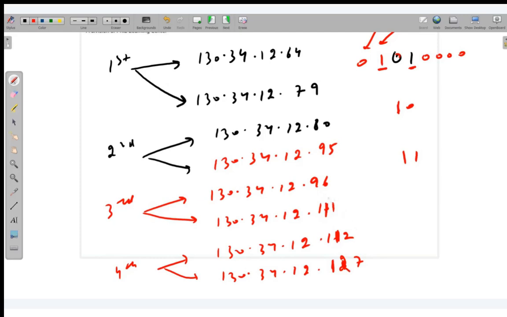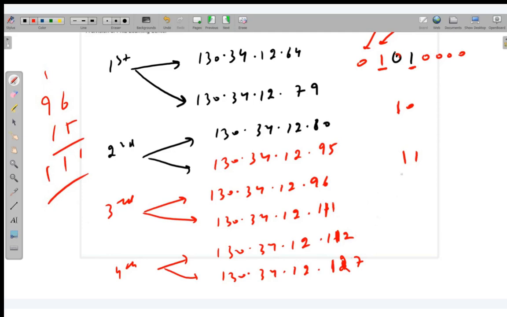I have written 101. 96 plus 15 is 111. Yes, any doubt? No, sir. Okay, so I have done it. So 111, then 112, 127.